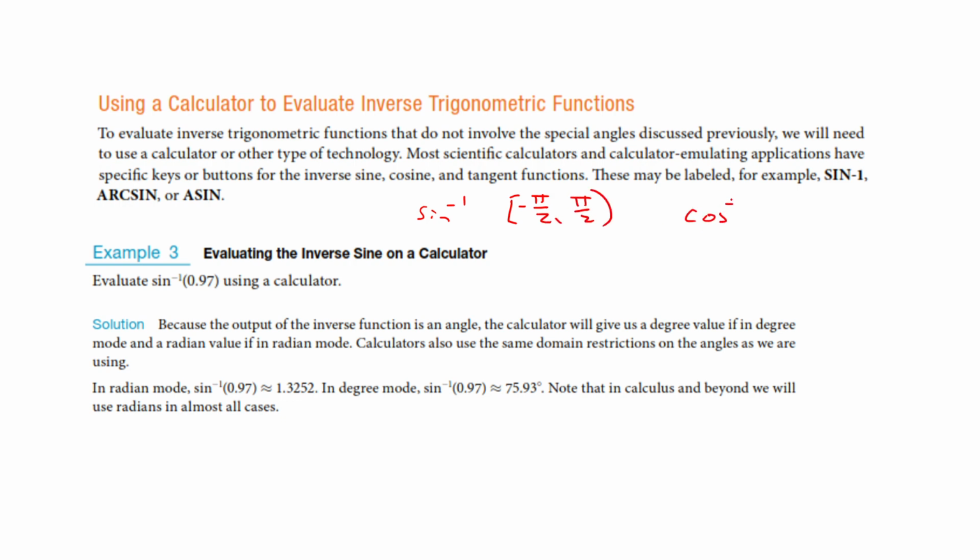Inverse cosine has a range between 0 and pi. And inverse tangent is between negative pi over 2 and pi over 2, not including the endpoints. If you put in a value and ask the calculator what angle has this value, it has to be in here. If it's outside of these ranges, it's going to say error.